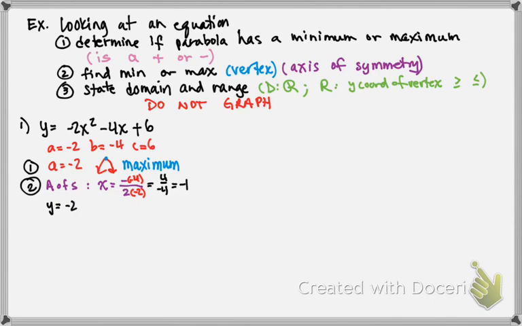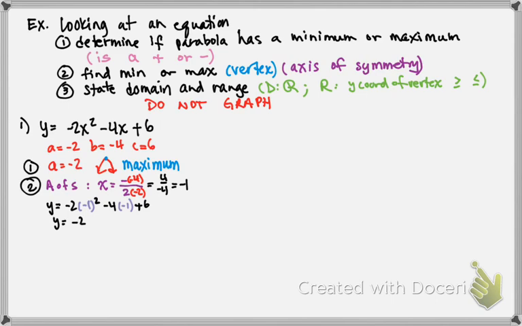So I get negative 2 times negative 1 squared, and then minus 4 times negative 1, and then plus 6. Okay, and that's going to give me negative 2 times, let's see, negative 1 squared is 1, so I get negative 2.